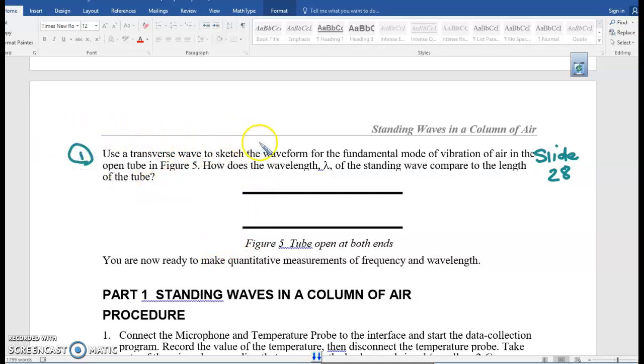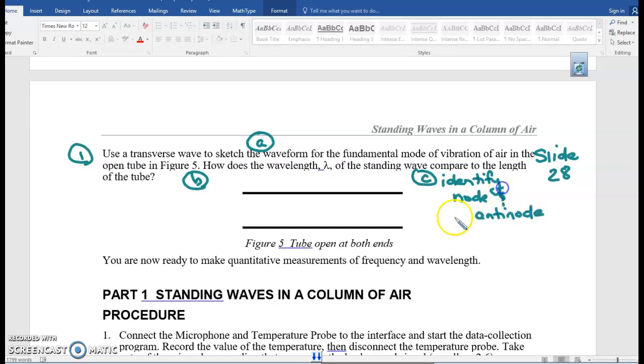Doing that sketch will be A. And then answer the question, how does the wavelength of the standing wave compare to the length of the tube? So again, you're going to get that. I would like you to go ahead and identify, let's call that C, a node and antinode.